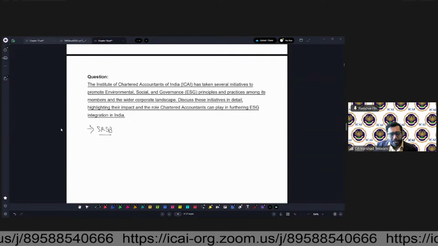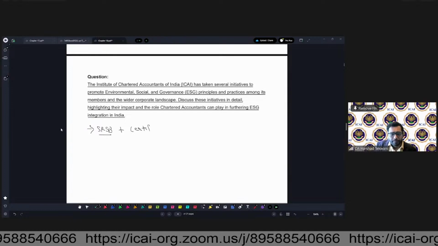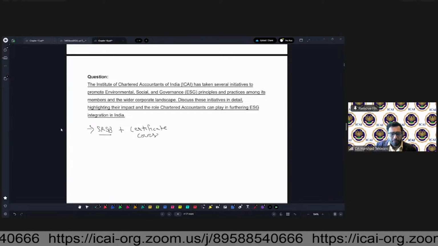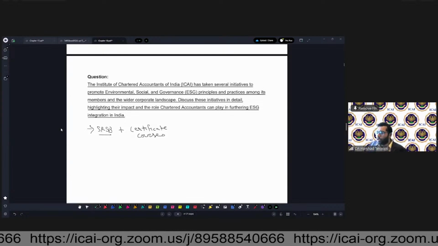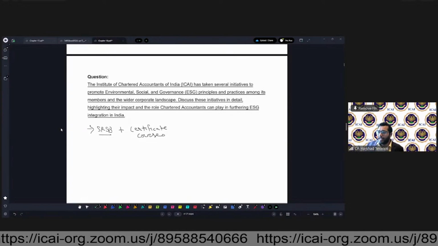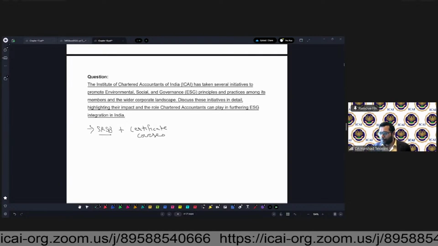Plus, ICAI started certificate courses for its members on sustainable development goals, BRR, integrated reporting, BRSR reporting. So these are the certificate courses.